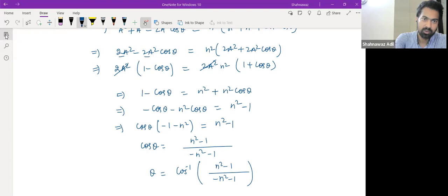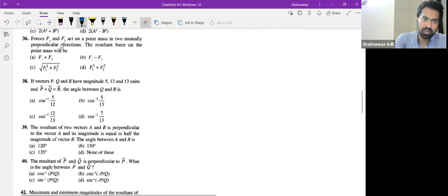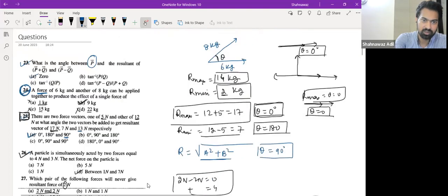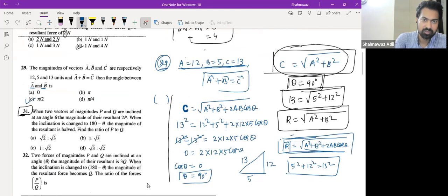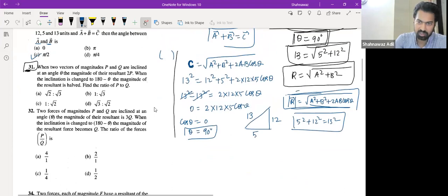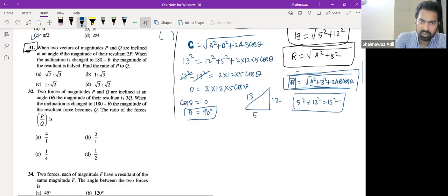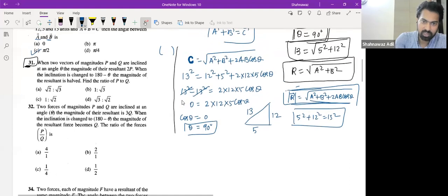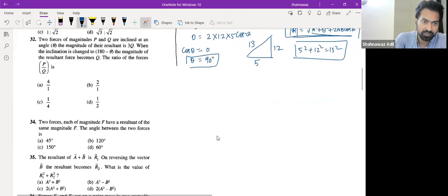Okay, so now where were we? We were on this question 31. So this was Rishita's turn. But before the class ends, let me give you some questions as your homework.